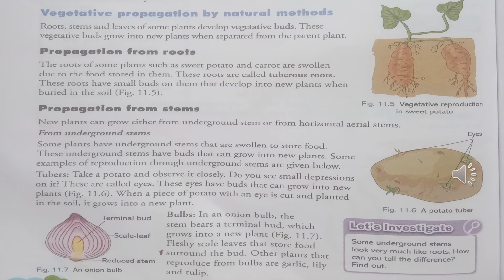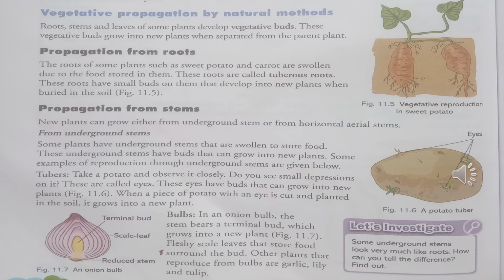Another propagation is from stems. Potato is a stem which always grows underground, so you can say it is an underground stem.